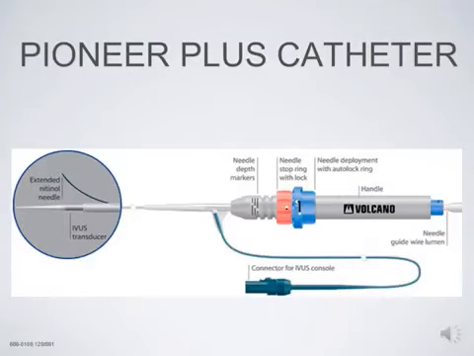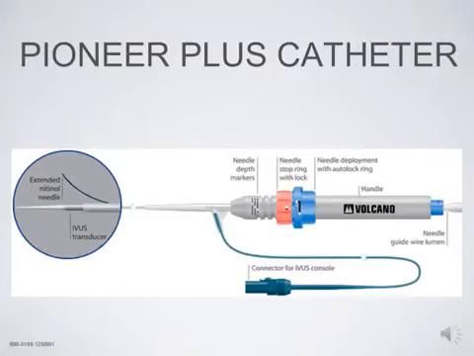This is the Pioneer Plus catheter. You can see starting from the right, it's a monorail system. The port in the back is where the wire goes into the needle. You have the handle. The blue knob is the needle deployment with an auto lock ring, so you can lock it so the needle does not puncture at times that you don't want it to.